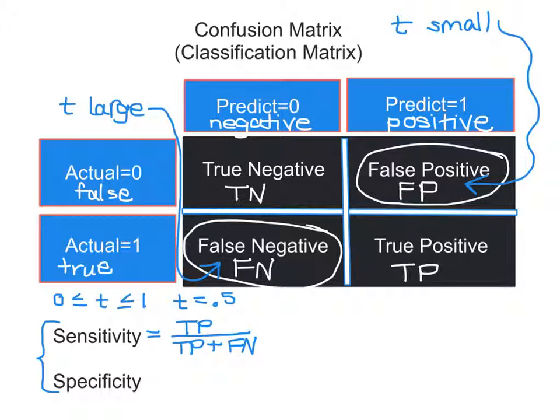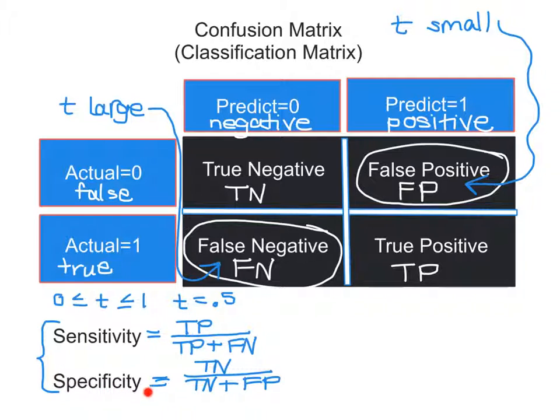Specificity is equal to the true negatives divided by the sum of the true negatives and the false positives. The specificity measures the percentage of negatives out of all the negatives that we classify correctly.